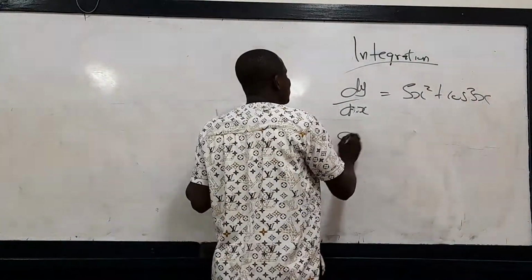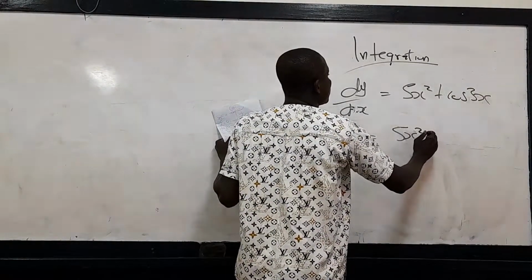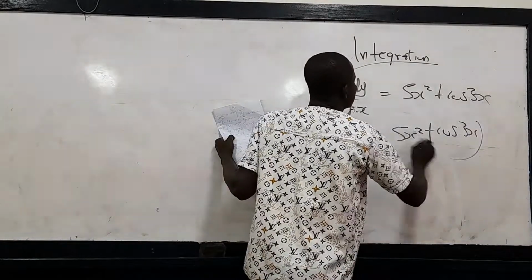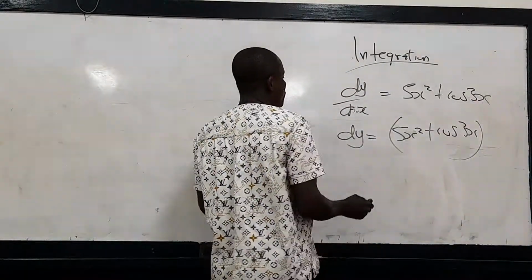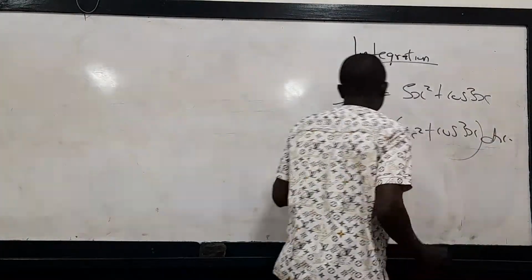So we first say that dy is equal to 5x squared plus cos 3x dx.